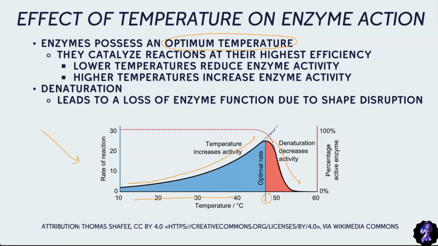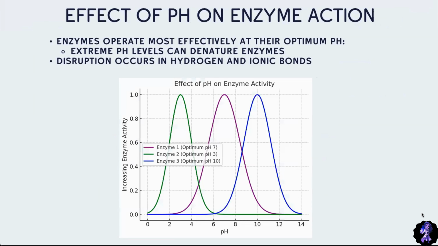So the optimal temperature for this specific enzyme is 47 degrees, and beyond that point it's going to denature and the enzyme is not going to work effectively. So that's how temperature affects an enzyme. Now, there could be various different types of enzymes that work at various different temperatures that are optimal for themselves. So just be aware of that factor.